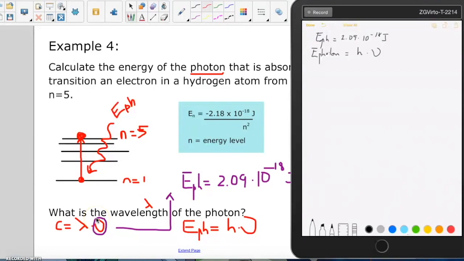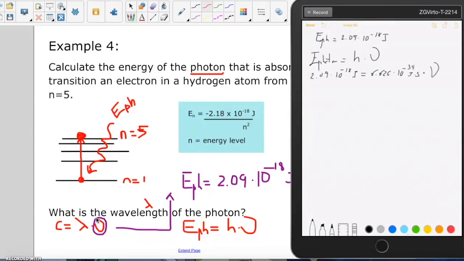So how do we calculate the frequency? Here we have the energy of the photon equals Planck's constant times the frequency. To solve for the frequency, we apply what we learned in algebra 1 for linear equations. The energy of the photon is 2.09 times 10 to the minus 18 joules, and Planck's constant is 6.626 times 10 to the minus 34 joules times seconds.